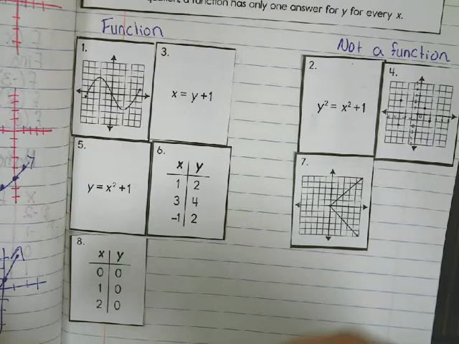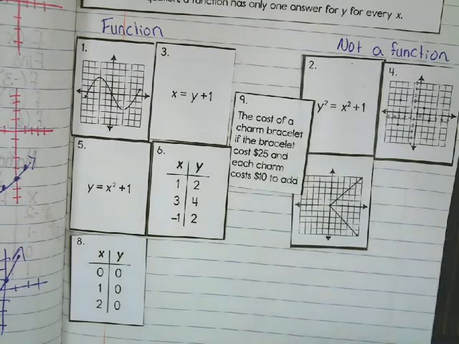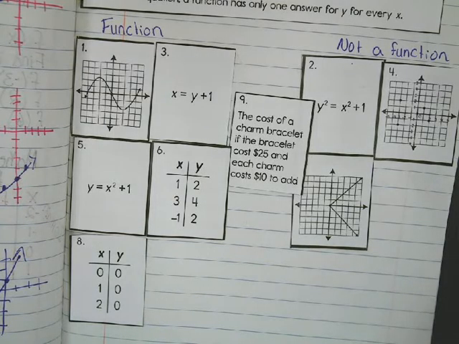Okay, number 9. The cost of a charm bracelet, if the bracelet costs $25 and each charm costs $10 to add. Okay, so if I think about it, I'm buying a charm bracelet and I want to buy 2 charms. How much is that going to cost me? $45, right?